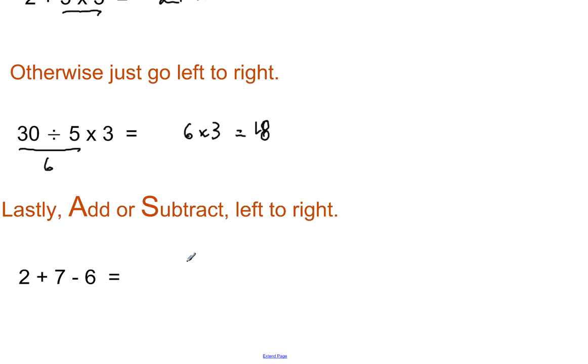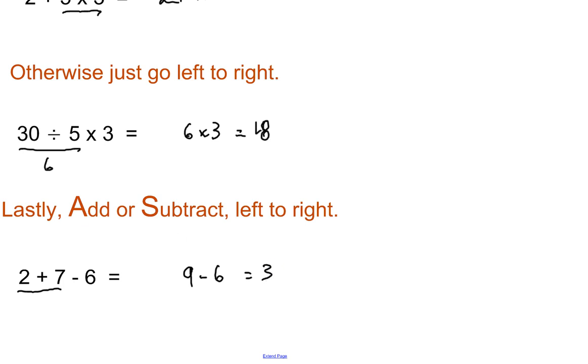Now what about adding and subtracting? Well, if we have nothing but adding and subtracting, we just work left to right. First thing we do is add the first 2 numbers together. 2 plus 7 is 9, minus 6, and 9 minus 6 is 3.